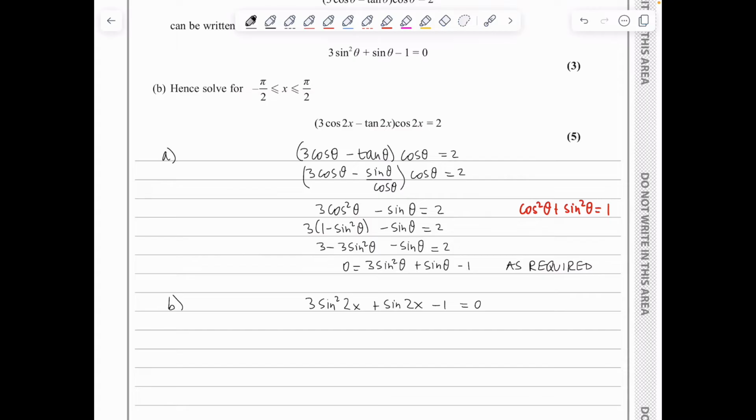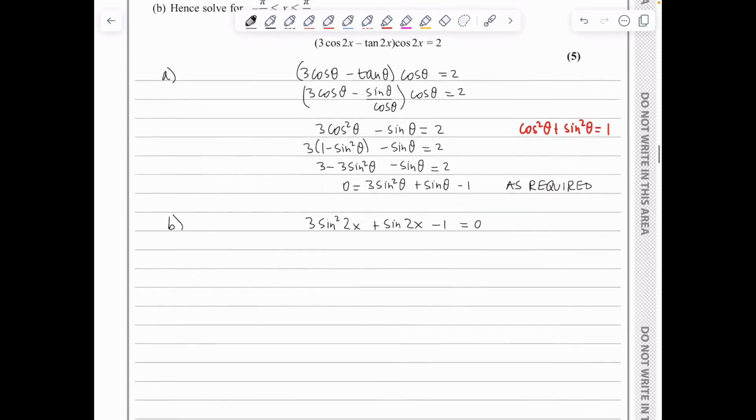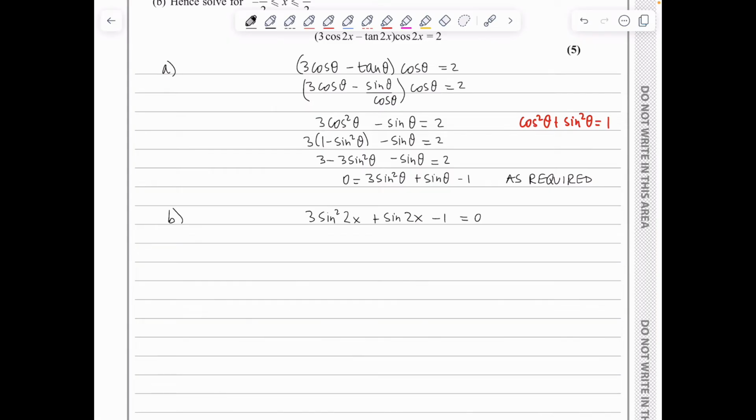I'll be using the quadratic formula to derive the values for sine 2x. Remember, I cannot just use my calculator to extract the answers. I need to show detailed working. So I need to show the substitution into the quadratic formula. So we get that sine 2x is minus b plus or minus the square root of b squared minus 4ac, and all of it over 2a.